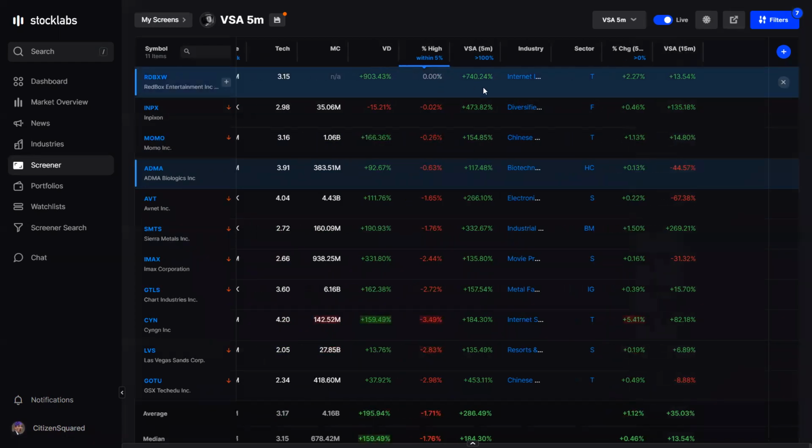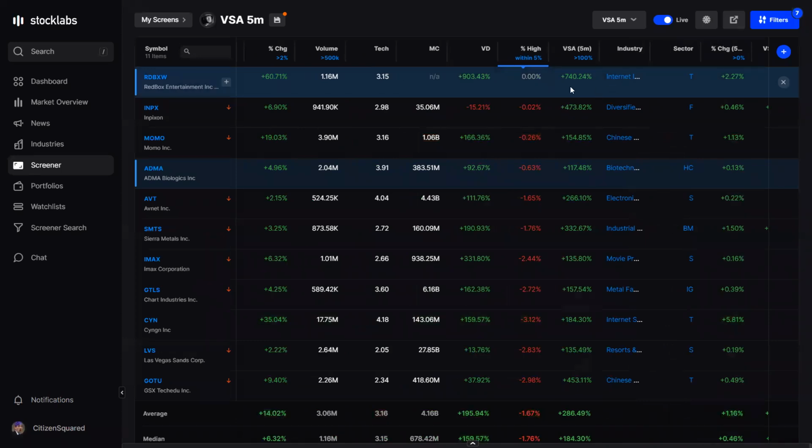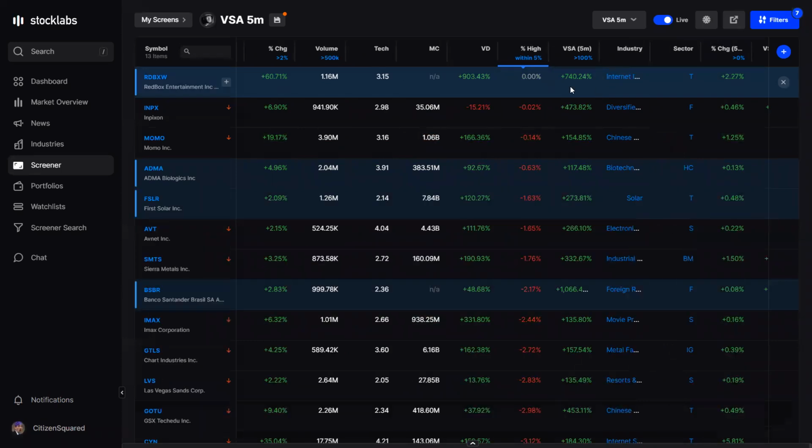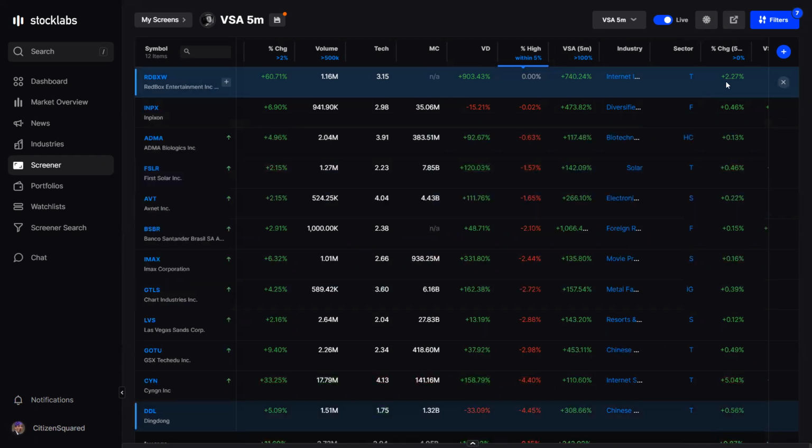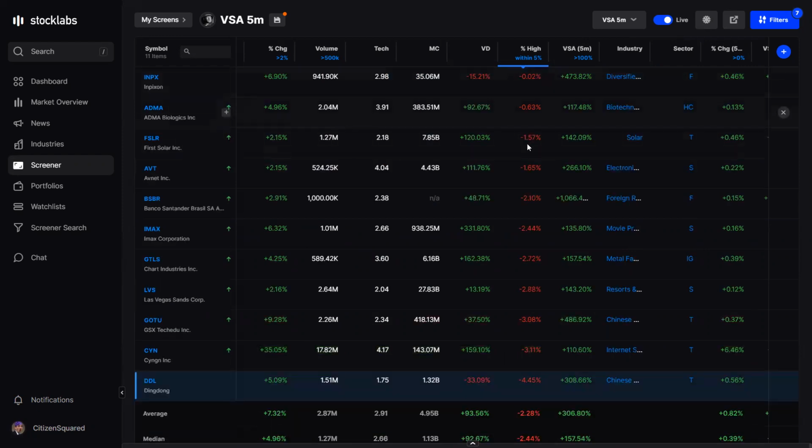And this is just another tool for identifying stocks that are seeing spikes in volume in the very immediate term. So in the last 5 minutes, this stock, okay, this is a nonsense stock. These are like some warrants or something. I can just get rid of them.